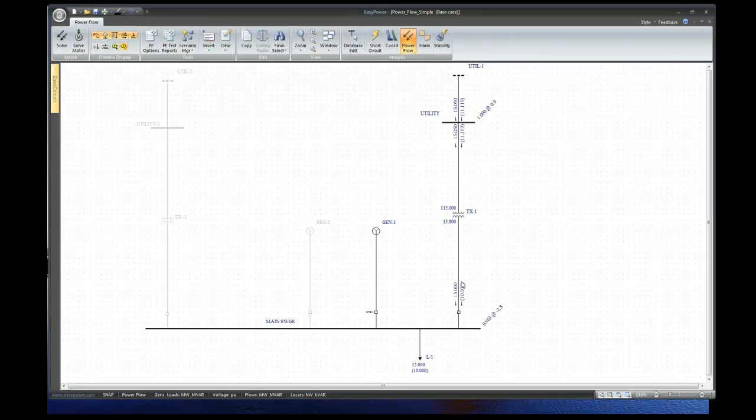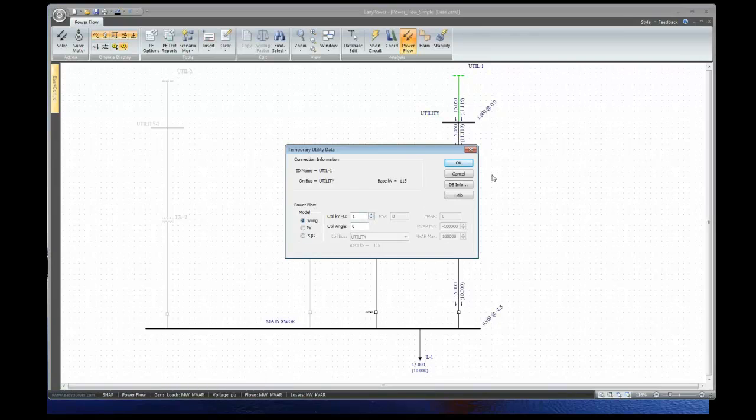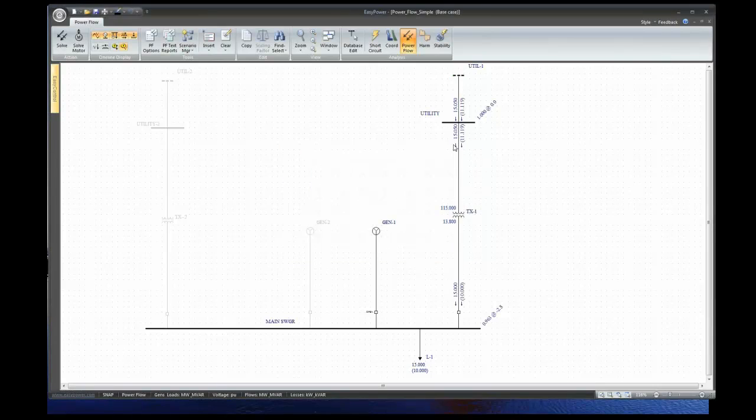So in this condition, I have my 1 per unit here, which is what I told EasyPower I was going to have. But I have voltage drop across the transformer that's resulting in this low voltage. By the way, we have an option here to display the voltage drop. In this case, 3.65% across the transformer.